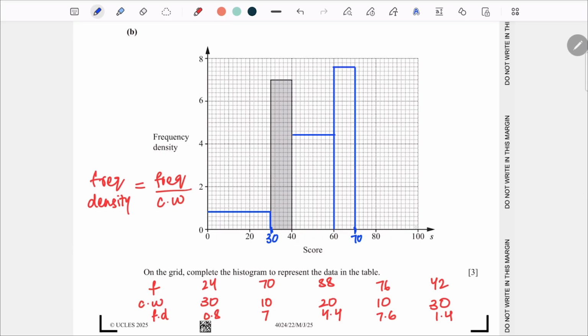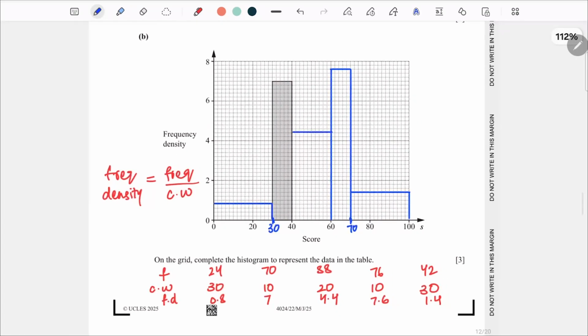And from 70 to 100, we have the frequency density 1.4. So 1 is over here, 1.2, 1.4. This will be the final diagram.